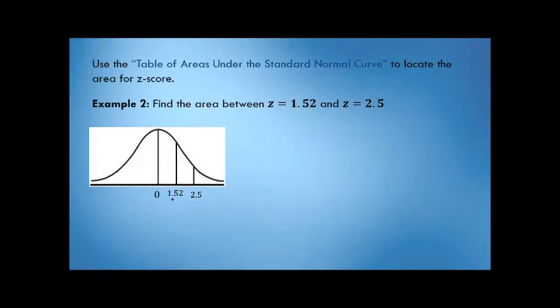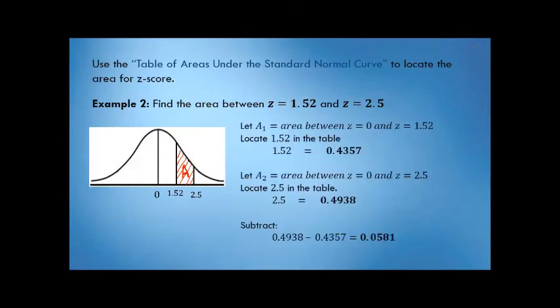So magiging tatlo yan. Pero ang pinapahanap ay pagitan ng 1.52 at 2.5. So ito yung area na pinapahanap. So i-denote natin siya ng letter A.